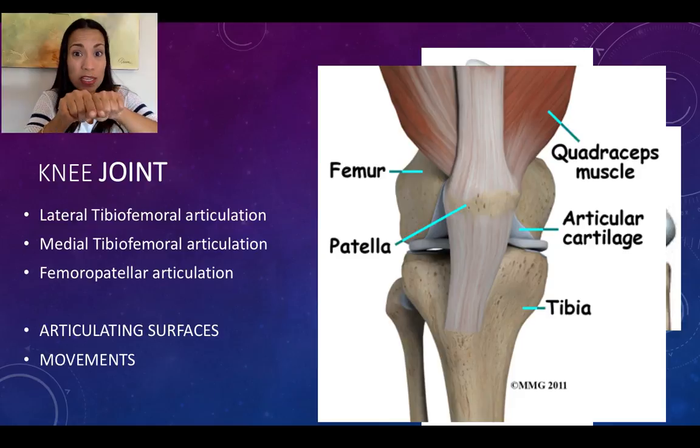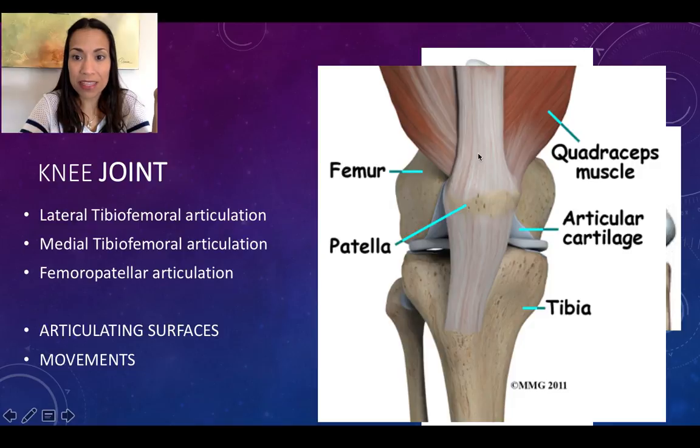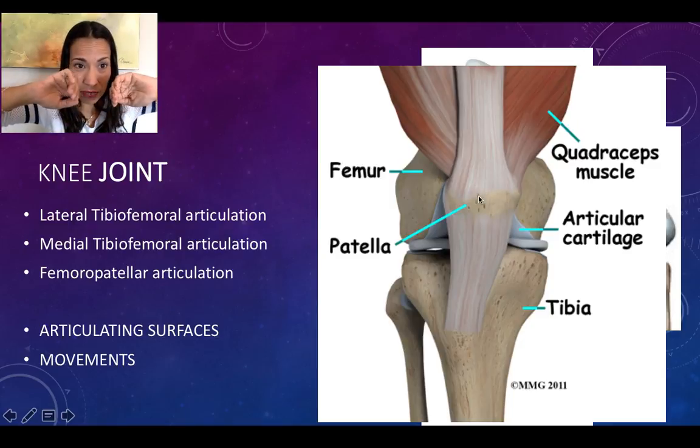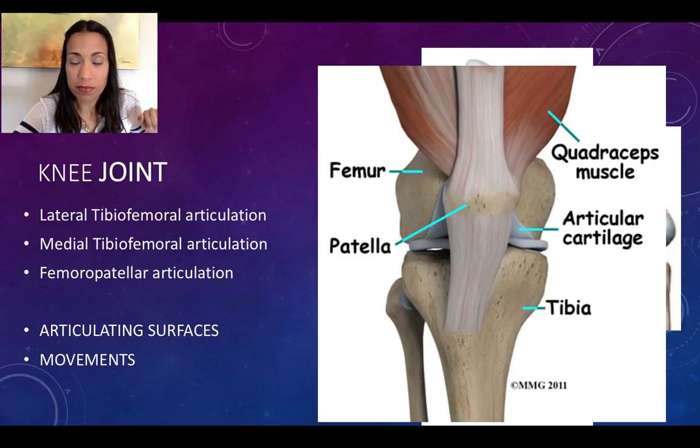In order to reach the patella, you will need to open this tendon, which is the quadriceps tendon. Remember, it's the attachment of the quadriceps muscle into the base of the patella. This is the patella, so you need to open that tendon to see the patella down there.